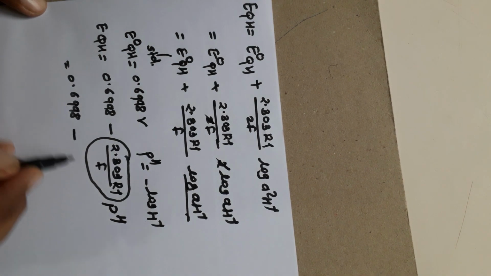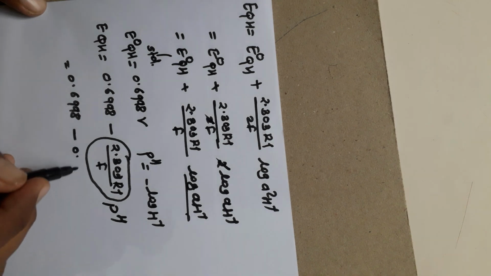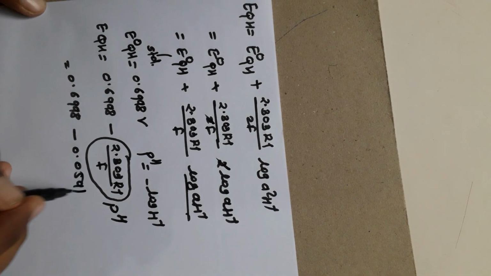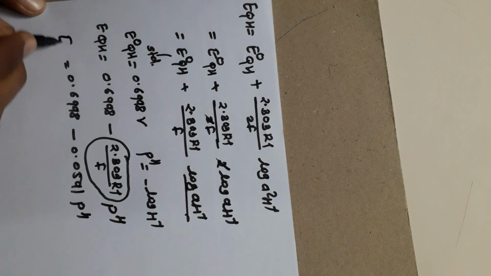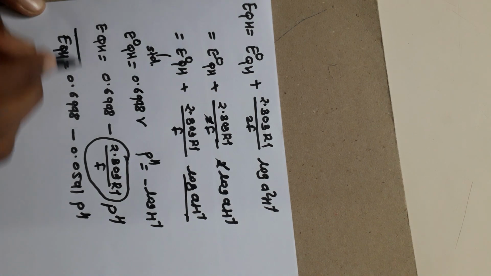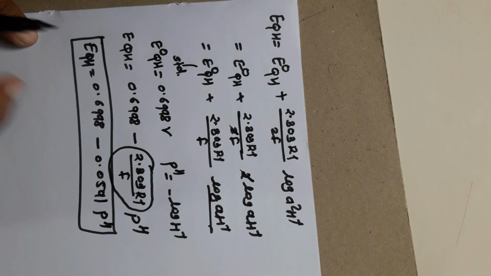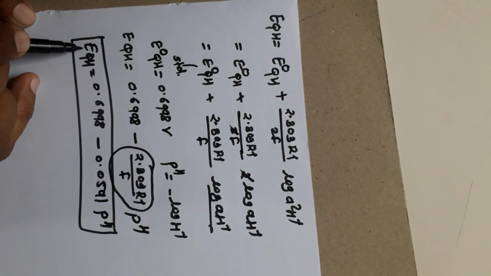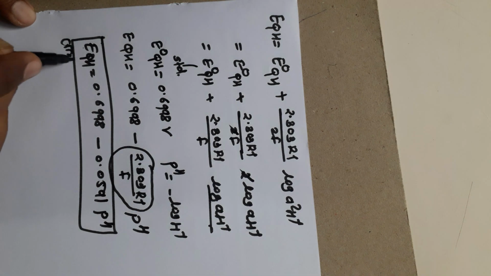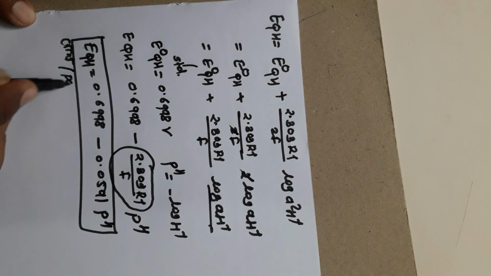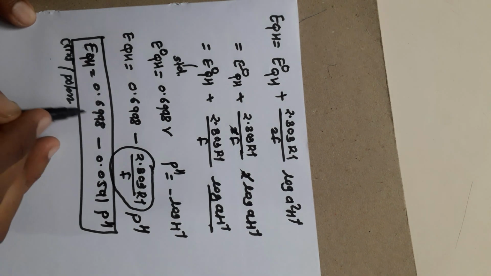Then solving this constant value, we get 0.6998 minus 0.0591 pH. This is the cell potential or EMF or potential of the quinhydrone electrode.